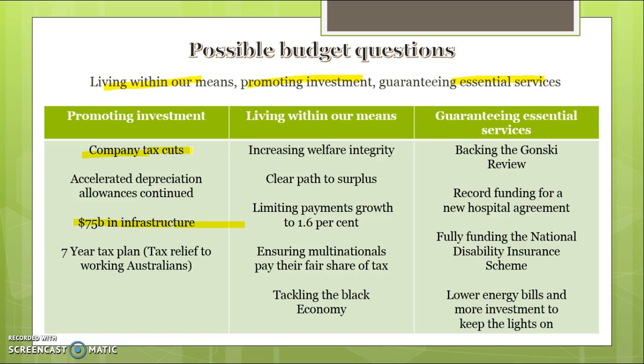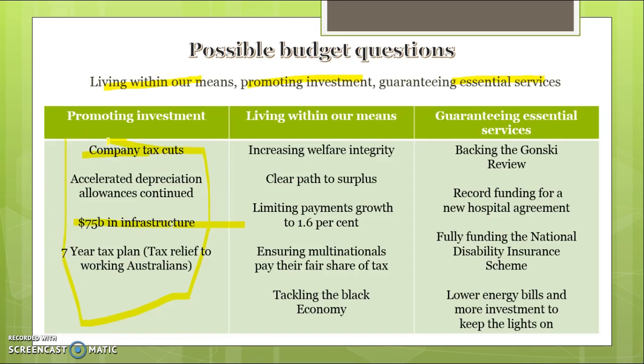You could talk about tax concessions, although that's more of a supply side thing and you want to keep it a little bit demand focused. And then there's the 7-year tax plan, which is also providing tax relief to consumers. That can be linked to sole proprietors investing or non-incorporated businesses as well. So there are things you could focus on. There's probably 4 marks worth of stuff there you could link about how the government is promoting investment.